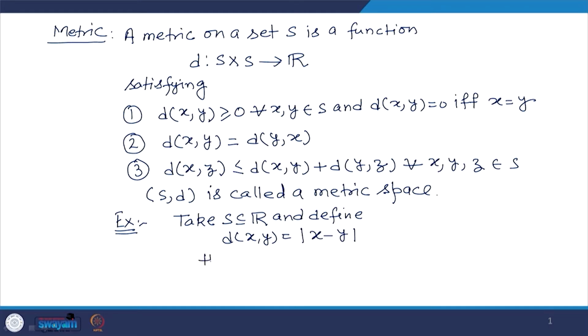Then S, d is a metric space. As I told you, d is a generalization of the notion of distance. Similarly, we have the definition of norm. A norm is a generalization of the notion of length.